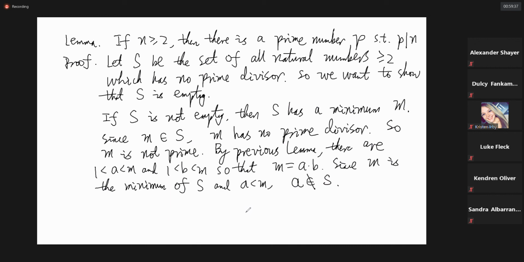So a is not a member of S. Again, by the definition of S, this tells you a must have a prime divisor. So by the definition of S, a has a prime divisor p.